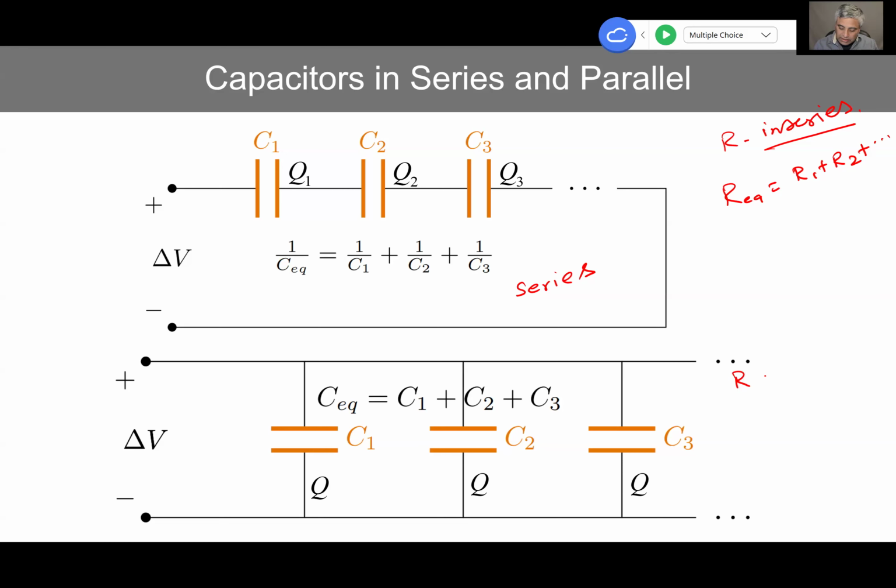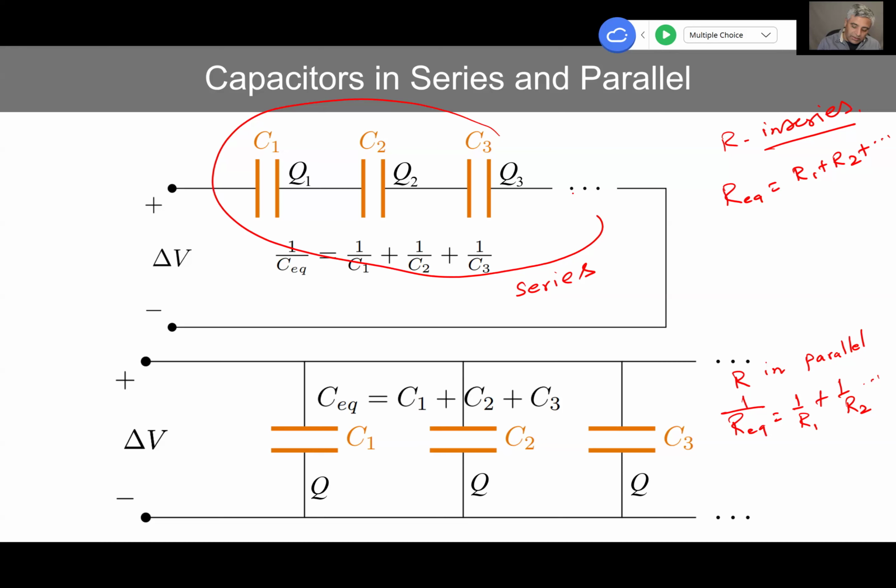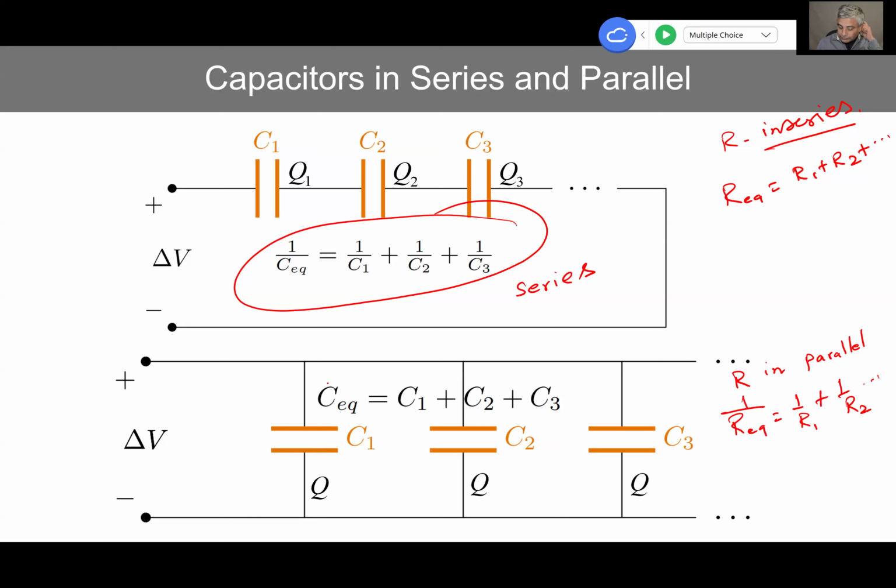And R in parallel, 1 over R equivalent is 1 over R1 plus 1 over R2 and so on. See, in the case of capacitors, those equations are kind of reversed, okay? So that's all I'm going to say about this. And now moving on.